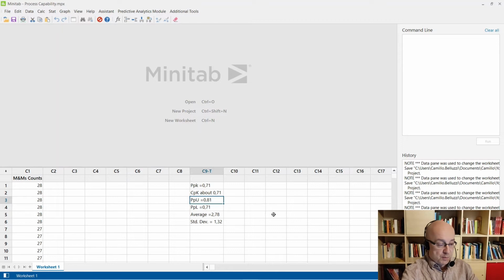Ppu was 0.81, Ppl was 0.71. The average of the 20 values obtained by measuring the 20 units sampled from the process was 2.78, and the standard deviation was 1.32.